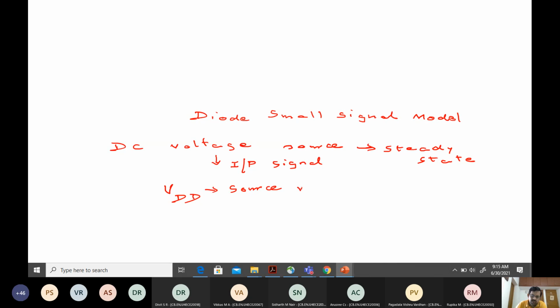We used this nomenclature, capital V with subscript capital DD, to distinguish it from capital VD, which is the voltage drop across the diode.